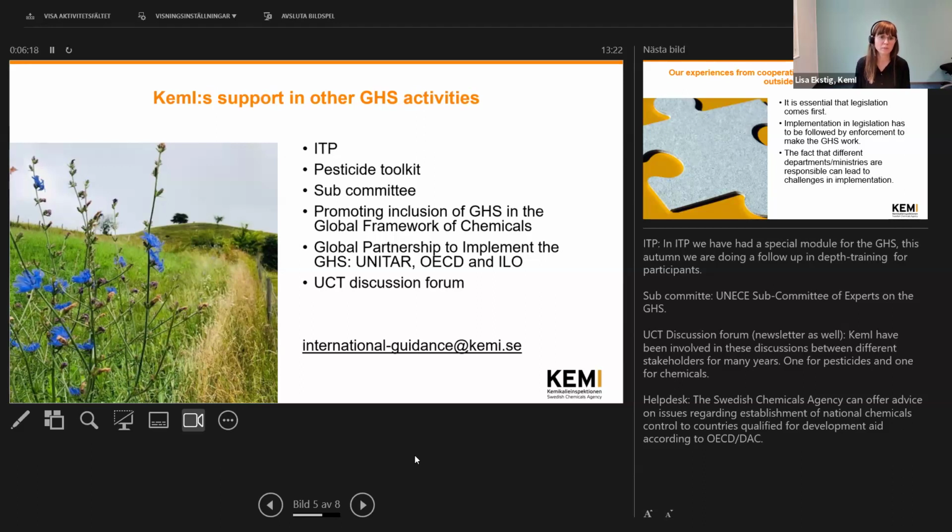We have also supported work together with FAO in their making of a pesticide toolkit, a web-based tool that has a special GHS module in it. So we have given some support in making that.